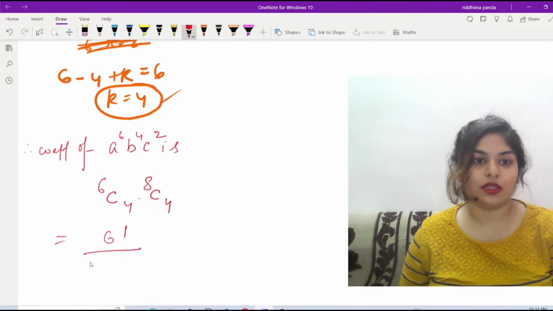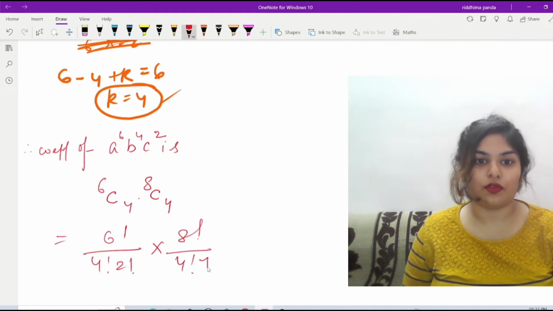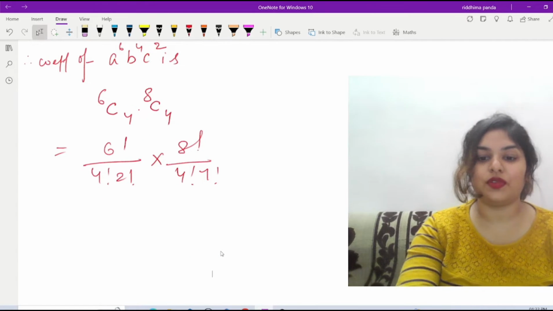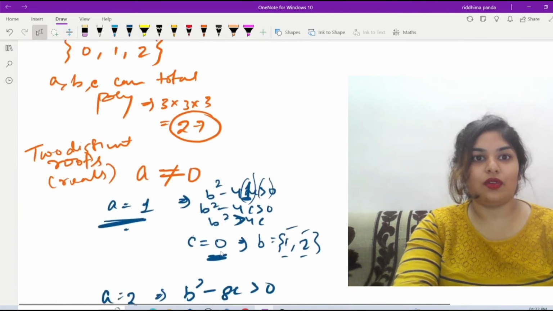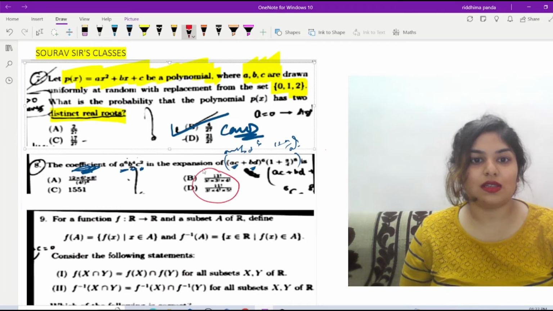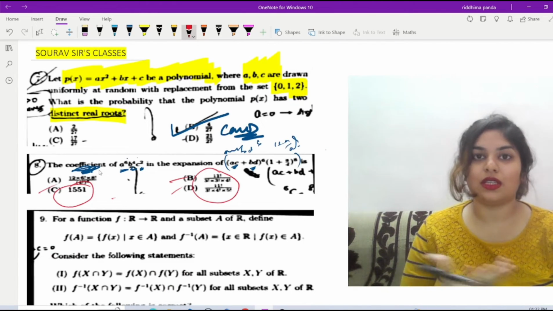That is 6 factorial by 4 factorial into 2 factorial, into 8 factorial by 4 factorial into 4 factorial. Now from the options we can see that these are almost the same, but these terms are not so familiar; we are not getting the same numbers.